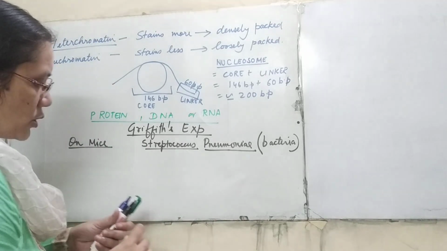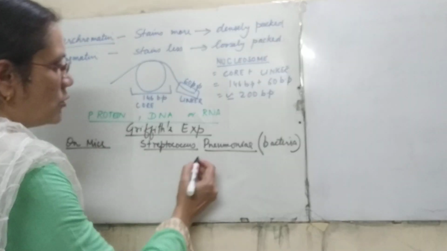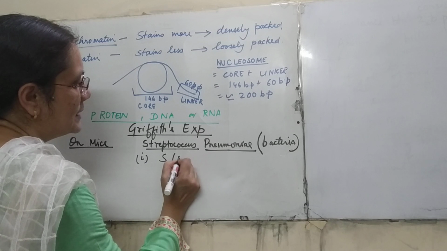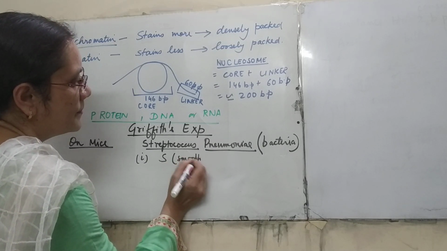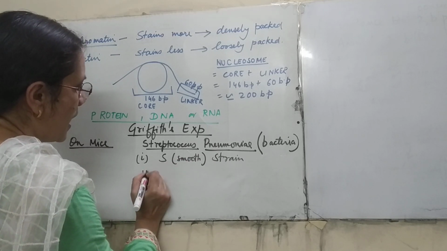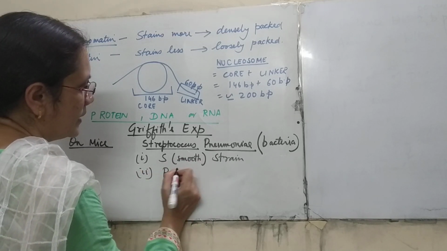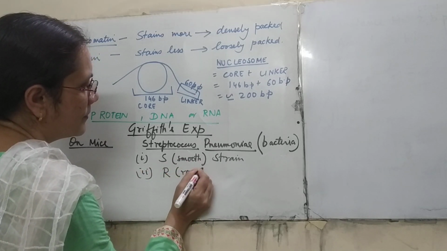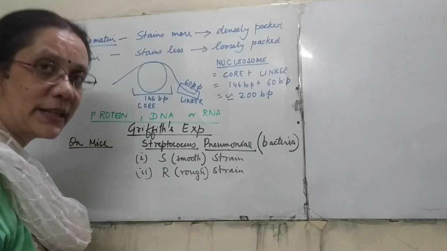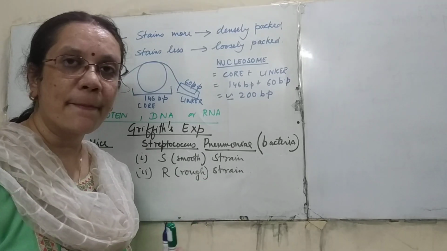This Streptococcus pneumoniae was found to be of 2 strains. One was the S, the smooth strain, and the other one was the R, the rough strain. So you can say there are 2 types of bacteria.